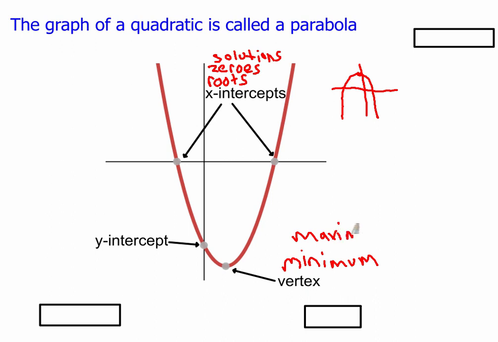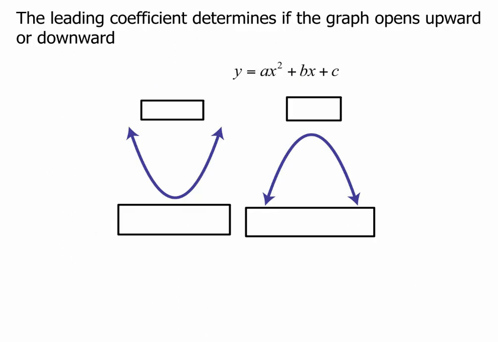It's important to know these different vocabulary words for the features of a quadratic equation. The other thing we can figure out from the graph is some things about the leading coefficient. The leading coefficient is just the coefficient on the x squared term, and it determines whether the graph opens upwards or downwards.